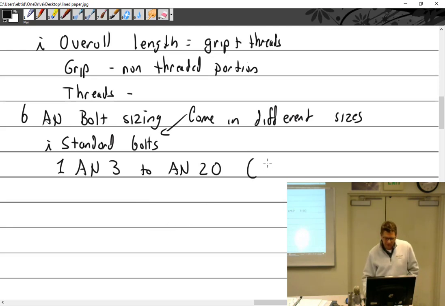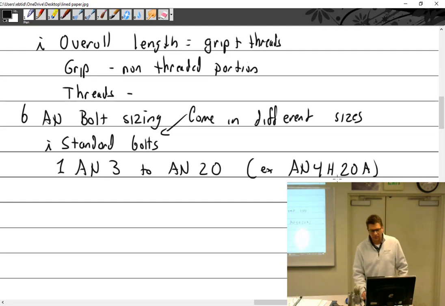And we would call it something like, here's an example: I have an AN4 Hotel 20 Alpha. And that should mean something to you, just like the rivets mean something to you. So what that is, it's 4/16 in diameter, has a drilled head, it's 2 inches long, and it does not have a hole in the shank. But we're going to go over that.